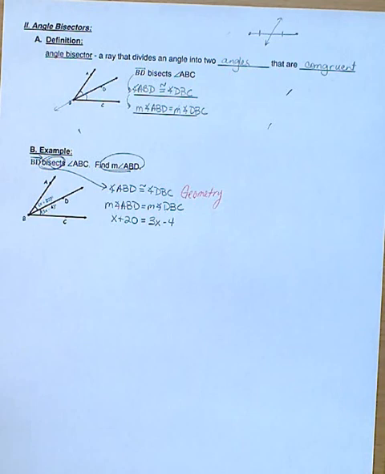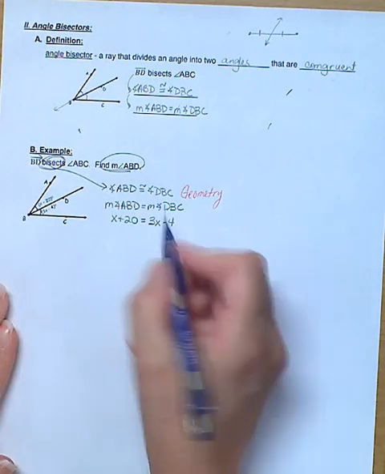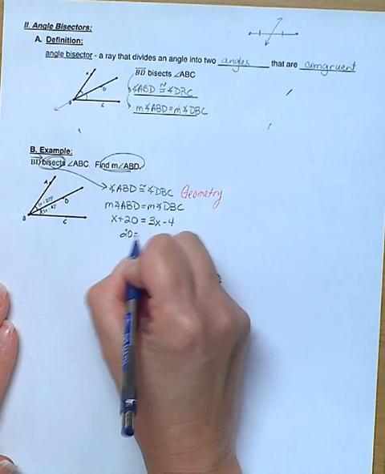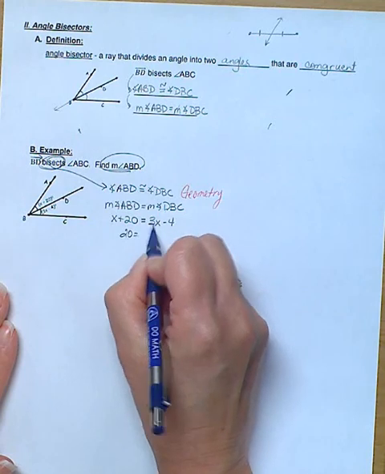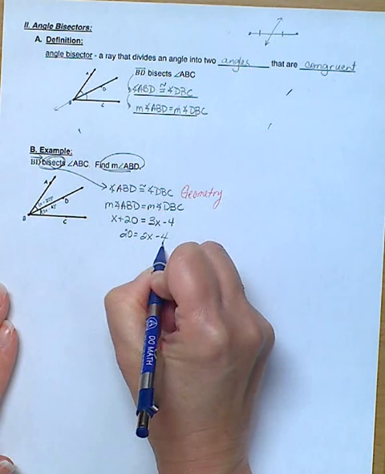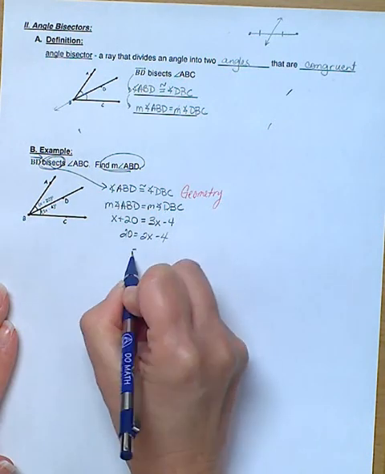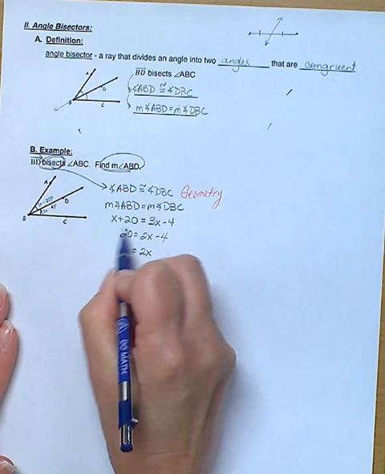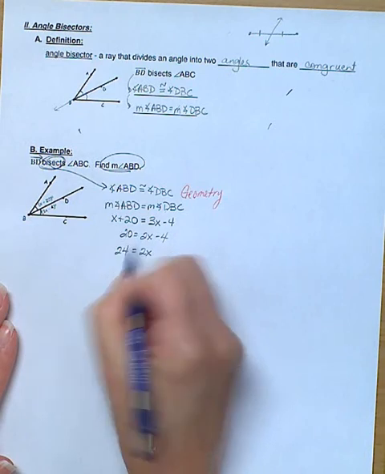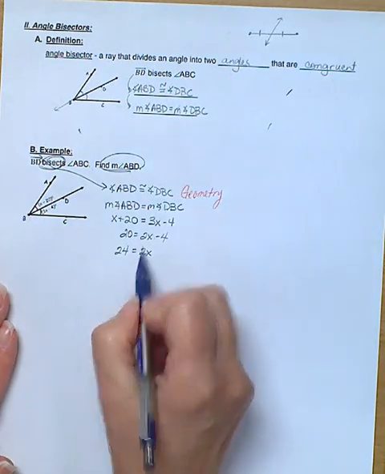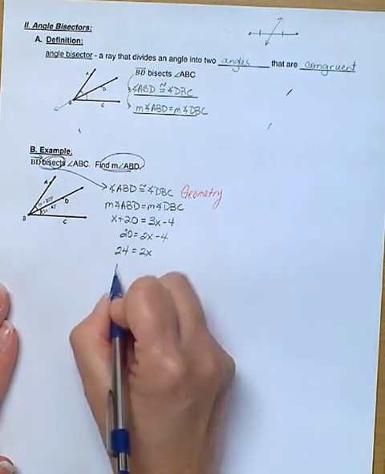So I'm going to subtract the x from the left, giving me 20 equals, subtracting x, 2x minus 4. I'm going to add the 4. So on the right I'm going to get 2x. When I add the 4 on the left, I get 24. So 24 equals 2x. My x is now isolated, so I need to divide by 2 on the left and the right, so x is 12.